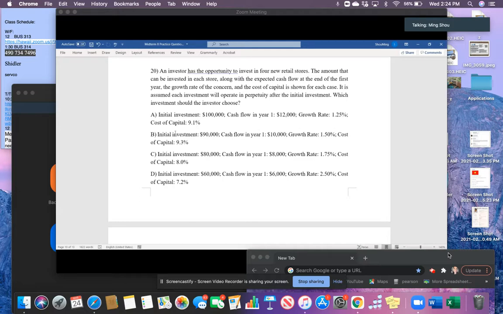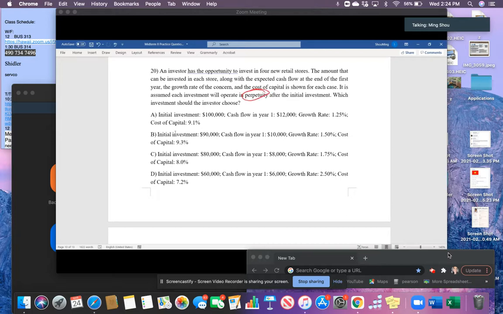Question 20. An investor has the opportunity to invest in 4 new retail stores, and the amount that can be invested in each store, along with the expected cash flow at the end of the first year, and also the growth rate of the concern and the cost of capital is shown in each case. So for A, B, C, D, we have the related information. Assume each investment will operate in perpetuity.